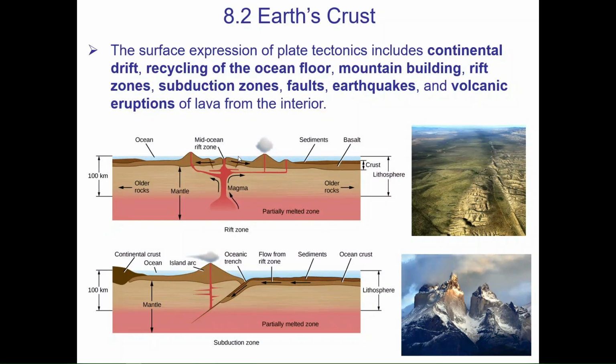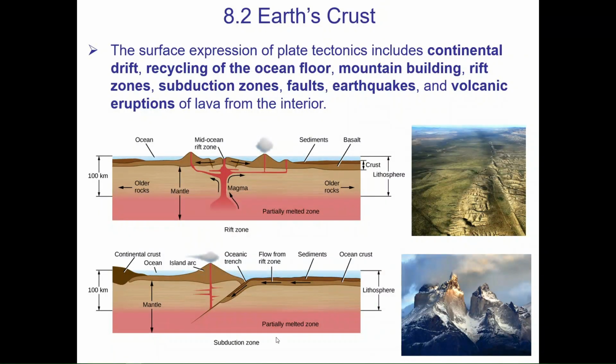One of the most famous ones is the Mid-Atlantic Ridge, which is a rift. And near the rift zone, because there's a lot of torn crust or gaps, there's active volcanism.